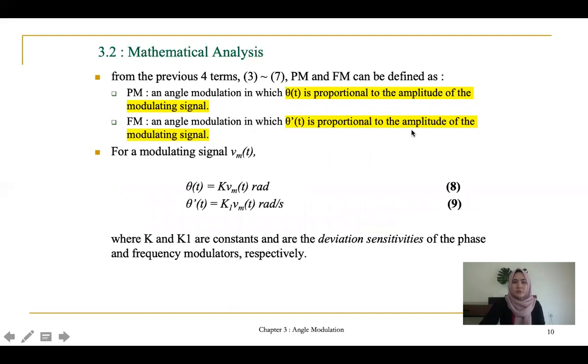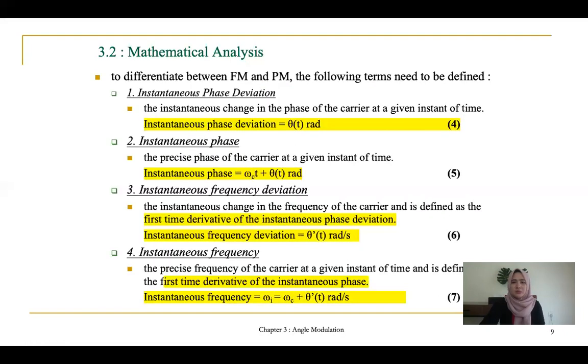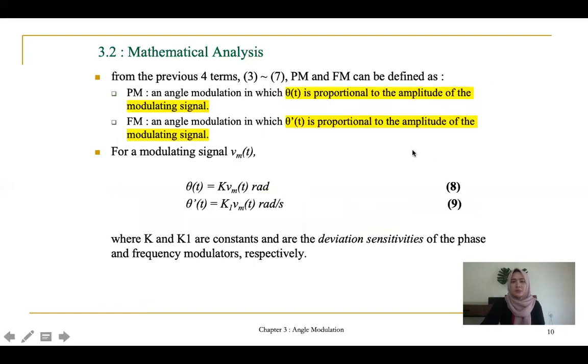From these four terms, phase modulation and frequency modulation can be defined as follows. For phase modulation, theta t is proportional to the amplitude of the modulating signal. But for frequency modulation, theta dash t is proportional to the amplitude of the modulating signal.